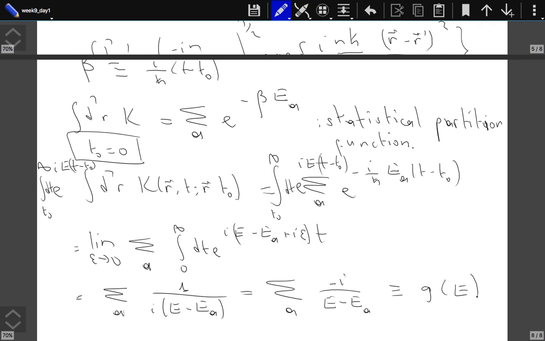Just through this procedure: set the positions to be equal, integrate over the positions, and integrate over time.